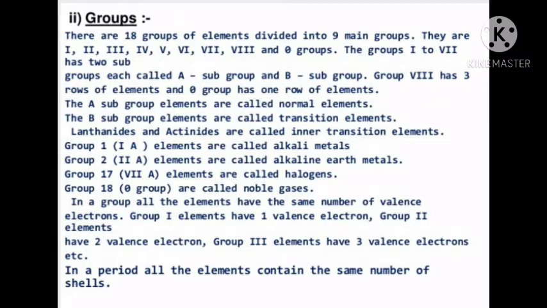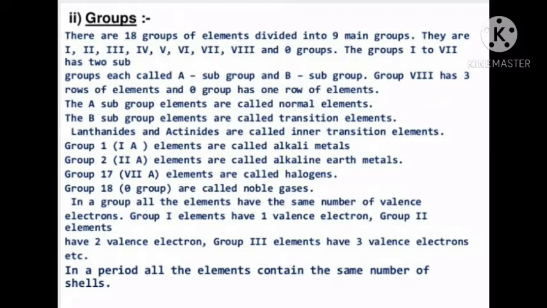Groups. There are 18 groups of elements divided into 9 main groups. They are the 1st, 2nd, 3rd, 4th, 5th, 6th, 7th, 8th and 0 groups. Groups 1 to 7 have 2 subgroups each, called A subgroup and B subgroup.